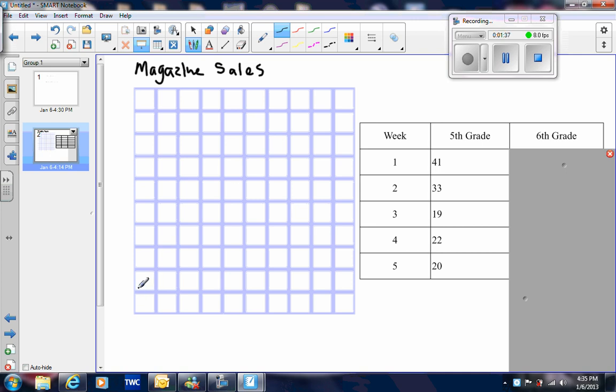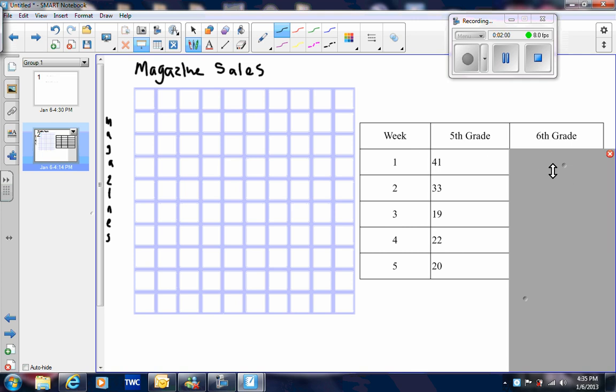Now, as I look at my scale on this side, this is going to be how many magazines are sold. So I'm going to go ahead and put that down here. This is going to stand for magazines.